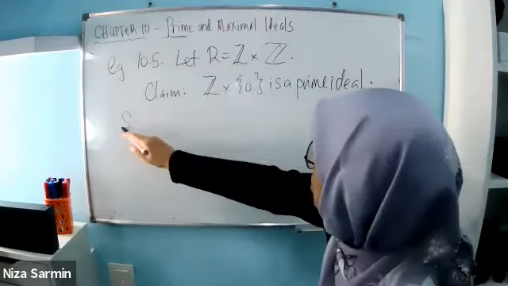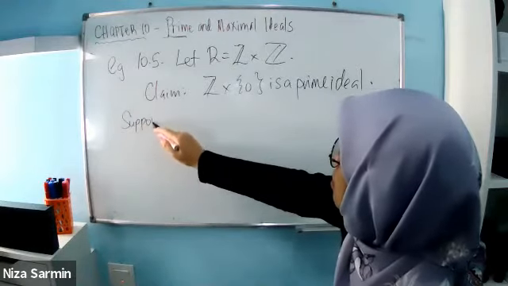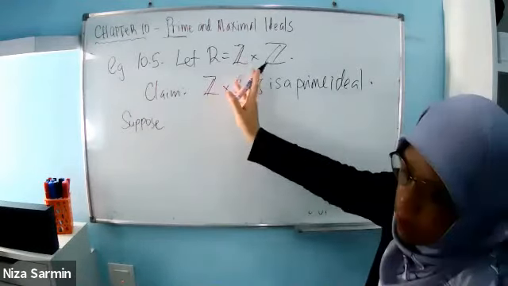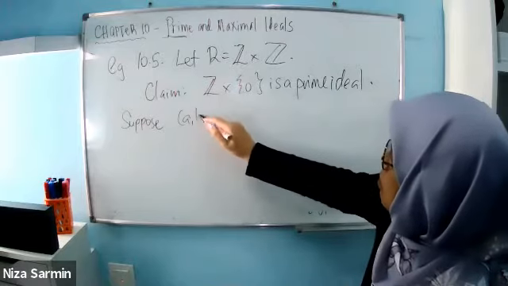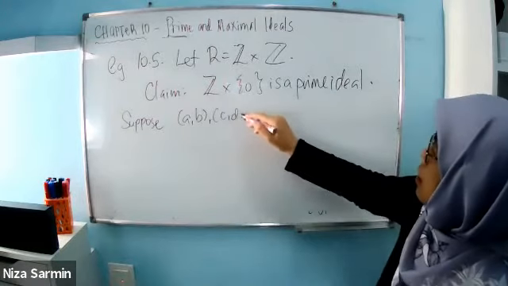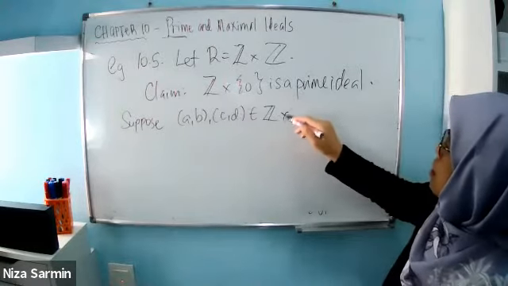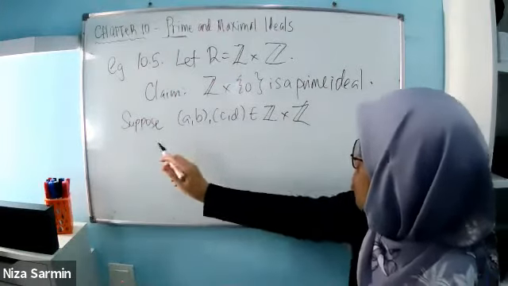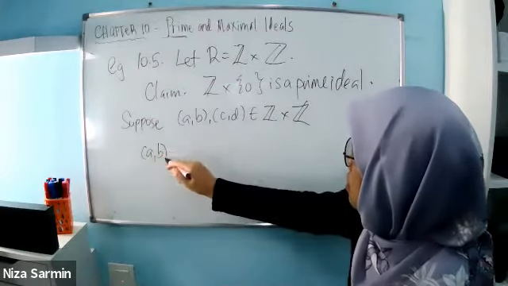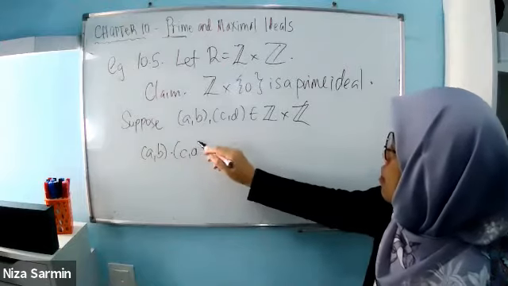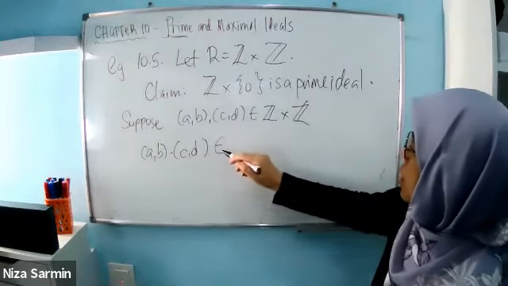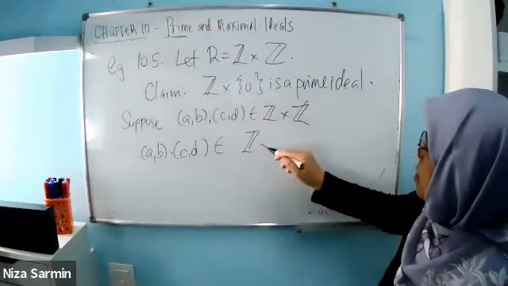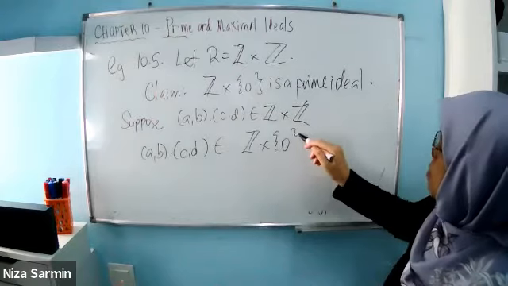Now suppose we have 2 elements in here, AB, CD in Z cross Z. Now you want the product inside this, right? To be a prime ideal.